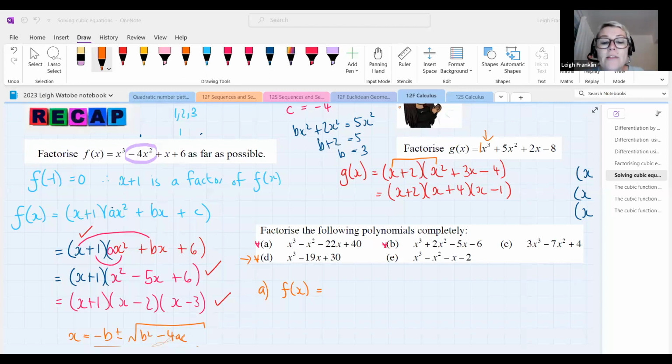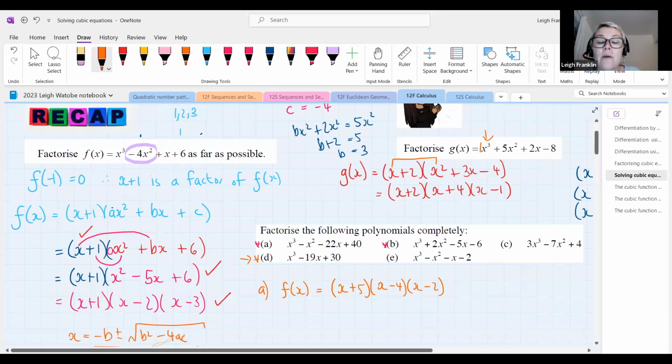You guys feeling a bit shy? One of your brackets should have been x plus 5. One of your brackets should have been x minus 4. And another bracket should have been x minus 2. That was for question A. How did that go? Those of us that did question A, are we getting that correct?